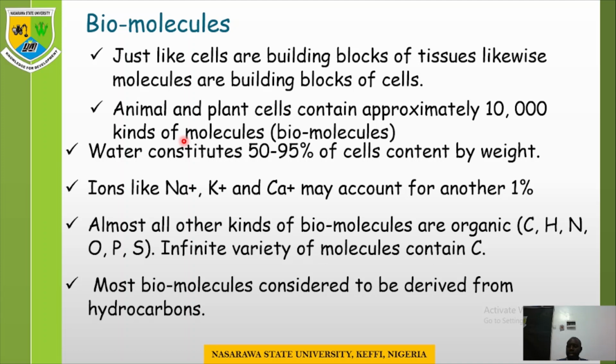So elements come together to form cells. When you put cells together, they form tissue. So as the cells are the building blocks for tissues, likewise, biomolecules are building blocks for the cell.